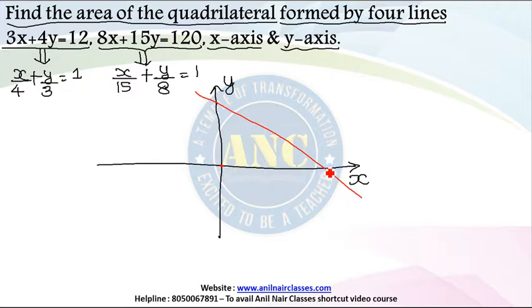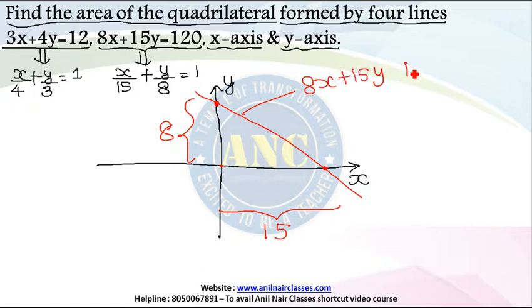From origin till this point, there is a distance of 15 units. From origin to this point, there is a distance of 8 units. This is nothing but the line 8x plus 15y is equal to 120. This is one of the lines.